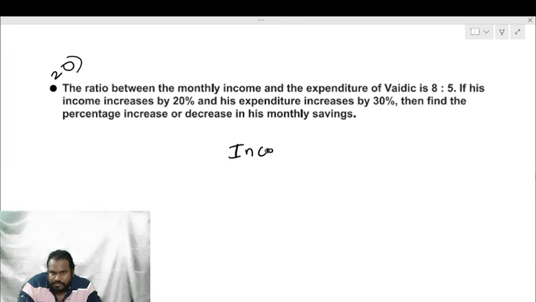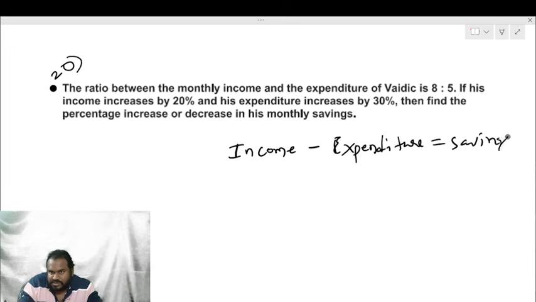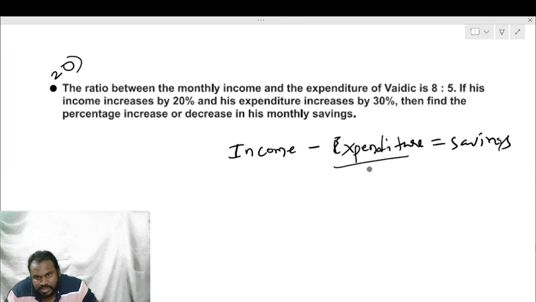Income minus expenditure is equal to savings. See, expenditure means the amount of money you spend for your livelihood and for other things like entertainment, going to movies, whatever amount you spend on it. That will come under expenditure.